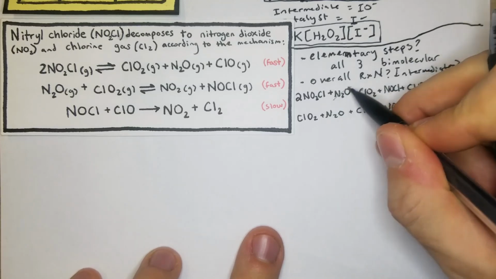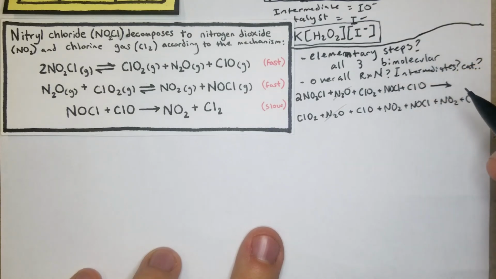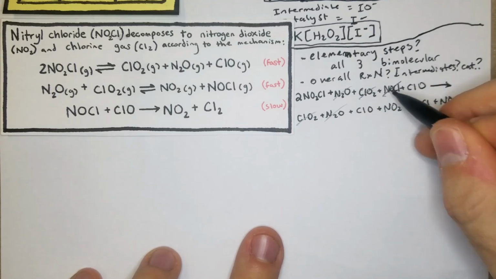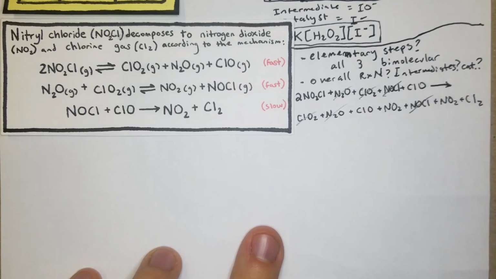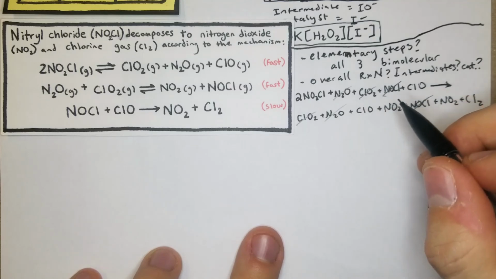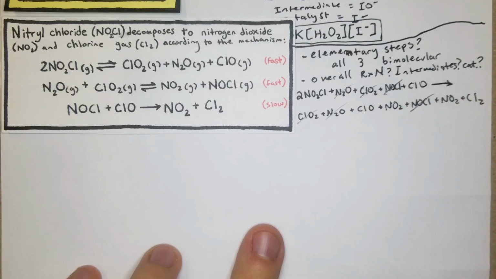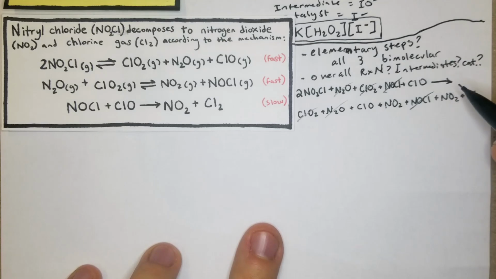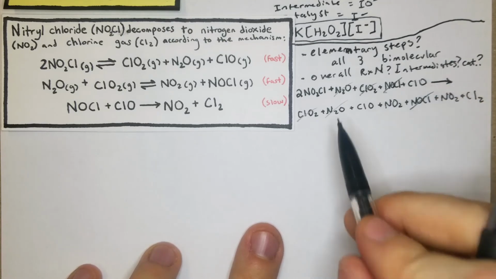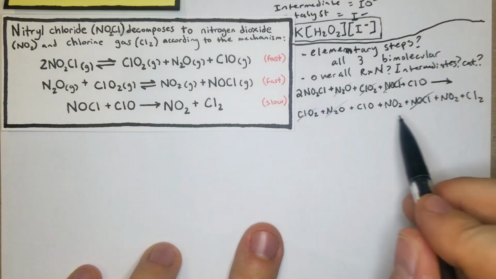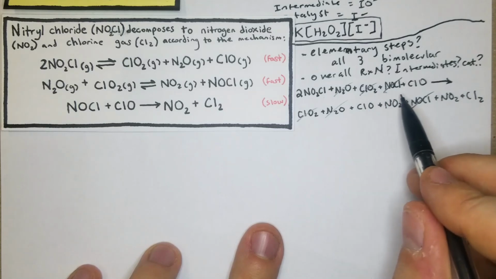First off, we have our NO2, it's top and bottom, that's easy enough. The ClO2 and the ClO2. Then we have the NOCl, NOCl. This is going to be the case with a lot of these. Whenever you have a large reaction, oftentimes it's going to break down quite significantly. So the 2 NO2Cl we don't have that.